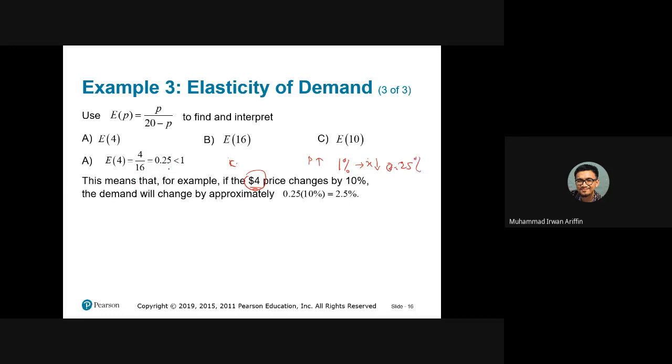This actual value corresponds to a 1% change. It's just that your slide used 10%, so 10% means 2.5%.